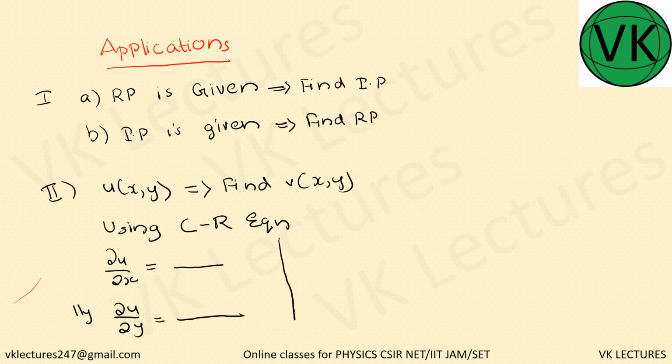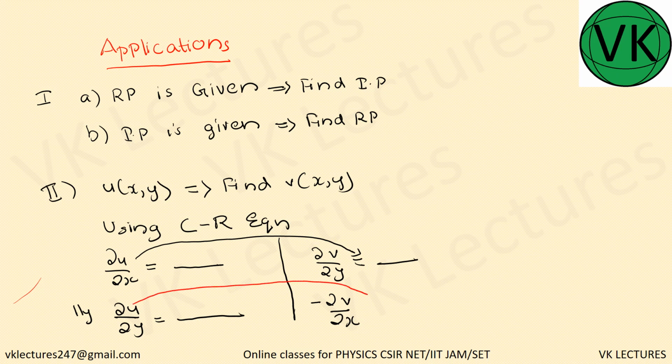And dou v by dou y is equal to, we need to find from here, and this also minus dou v by dou x we can find from here.